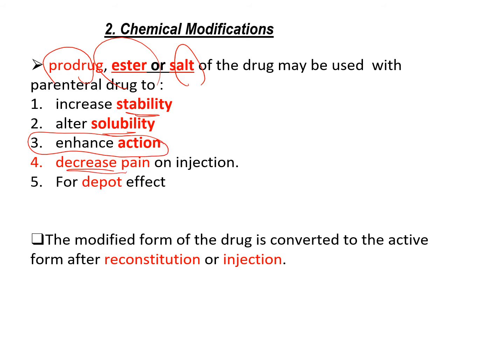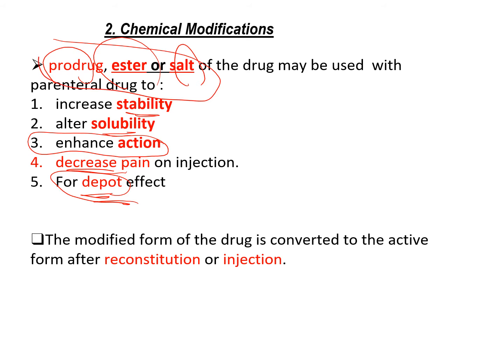If the drug is irritant, we can convert it to another form which is less irritant to muscles, or to reduce the dissolution rate and make a depot effect, to have a depot action over 1 month, like some contraceptive and some hormonal injection. 1 month, 6 months, 1 year, that's called depot injection.